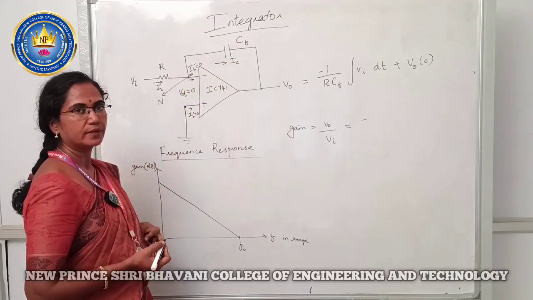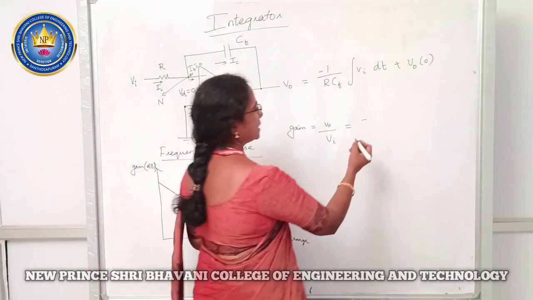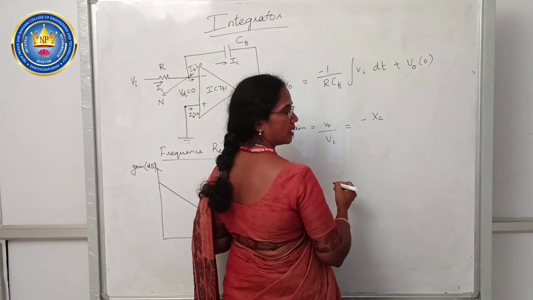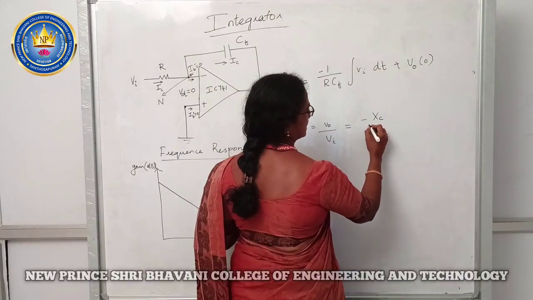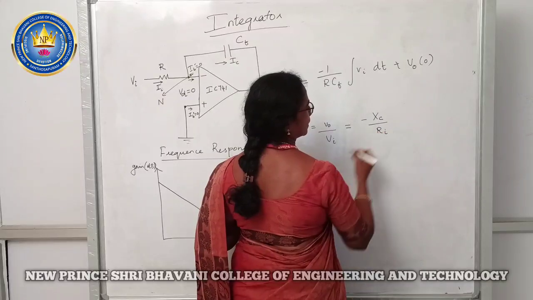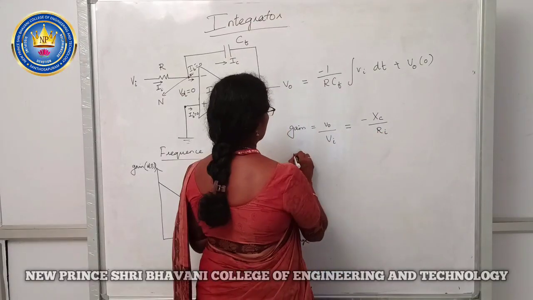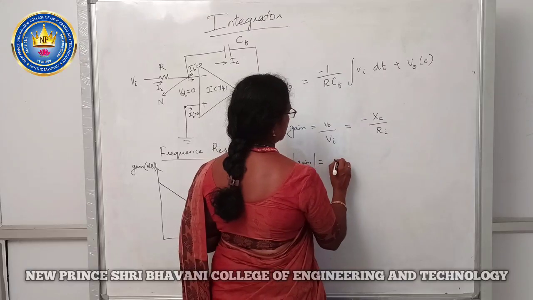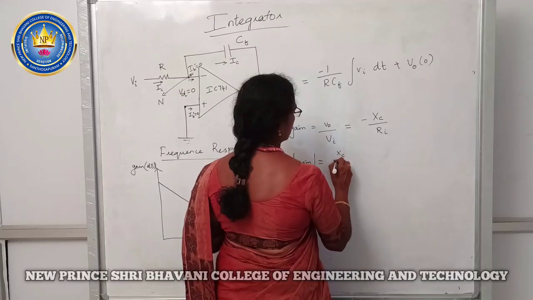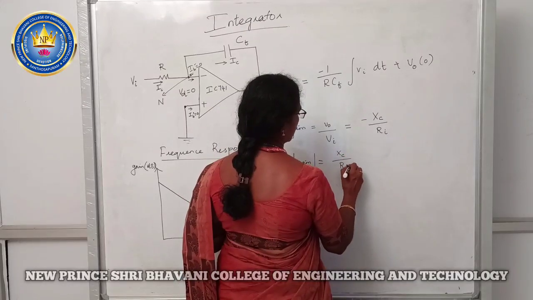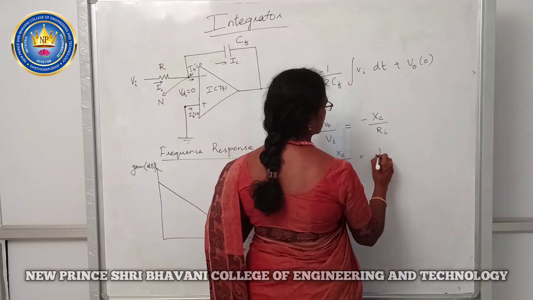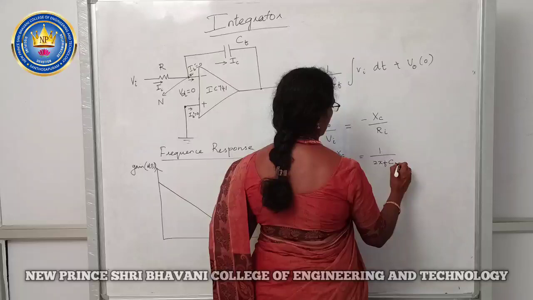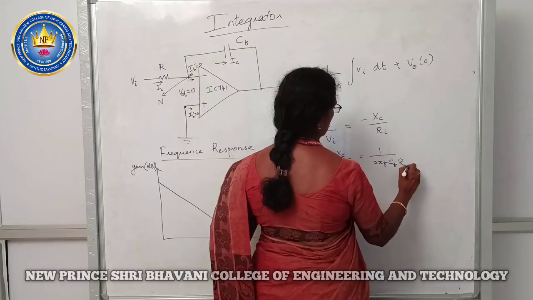For the inverting amplifier we know that the gain is minus RF by Ri. Here, instead of minus RF, we can have this XC by Ri. Okay. So, the gain in magnitude, the absolute value if you calculate, the minus will go off, we will have only this XC by Ri. This Xc can be rewritten as 1 by 2 pi F CF into Ri.